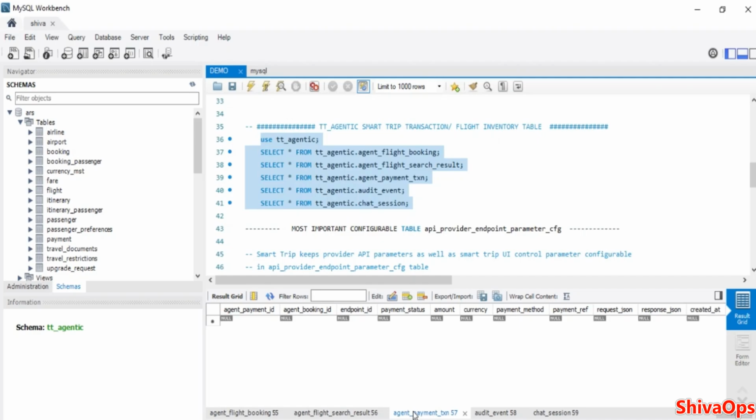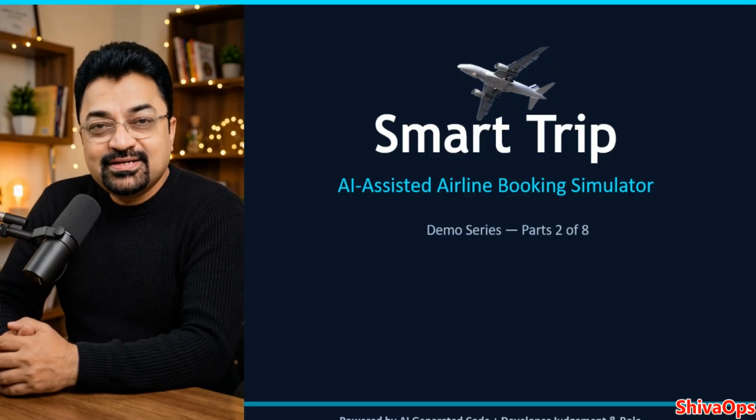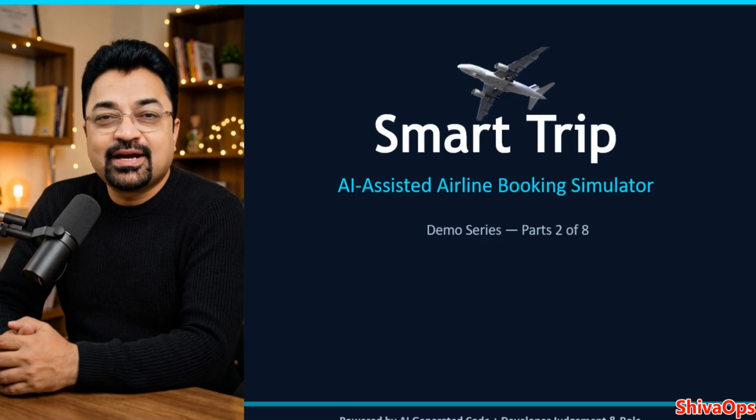So friends, we have seen all the services up and running, and the flight inventory data is available from 19 June 2026 to 31st July 2026 with four currencies and five airports and airlines. Let's move to the PowerPoint slide again. Friends, this completes the part 2 setup overview.